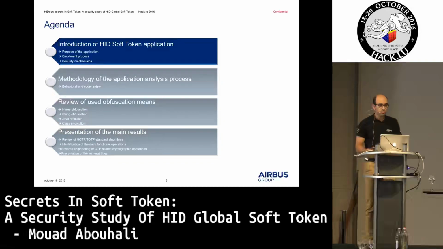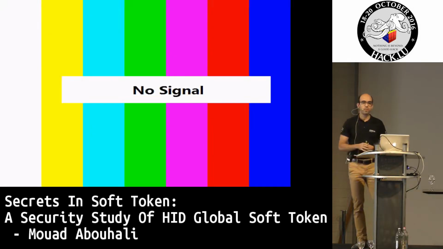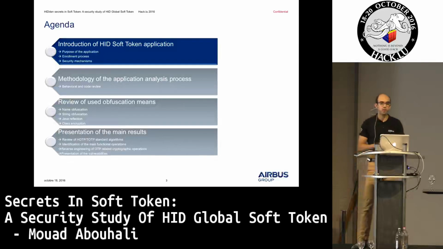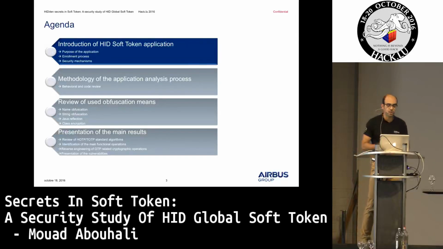For the first part, I think everybody here is very familiar with the hardware token. I guess at least one of you is using this kind of application. Here you have a hardware token that an end user is using to generate a one-time password. This is embedded in a hardware device.